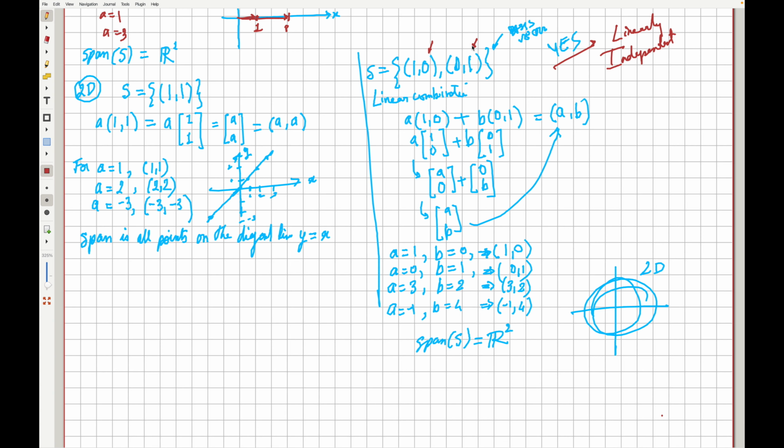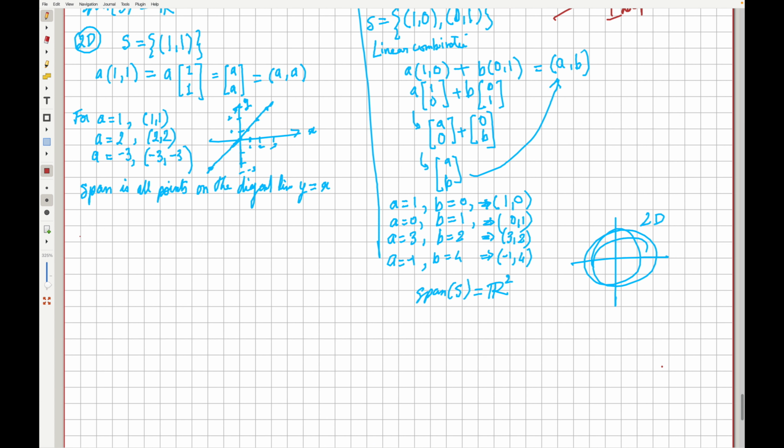And what we mean by basis vectors is we can combine them in a linear combination to reach any point in that space. If we have a 2D set of basis vectors, we can reach any point in the 2D space. Just like that, if we have a set of three vectors, it can be 3D space.